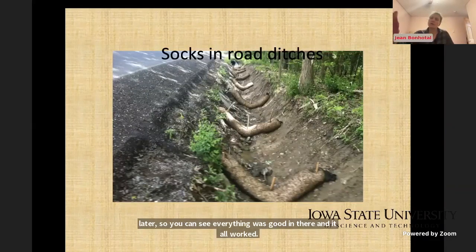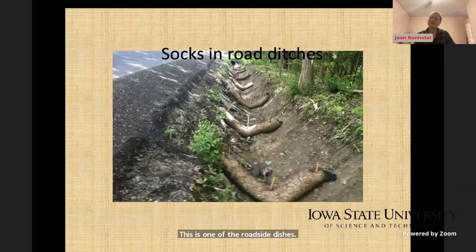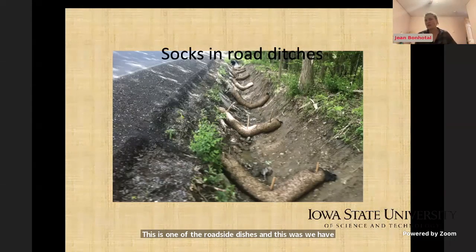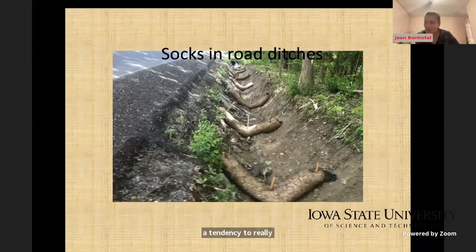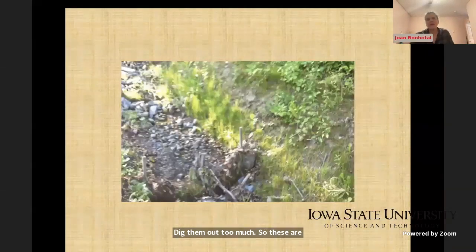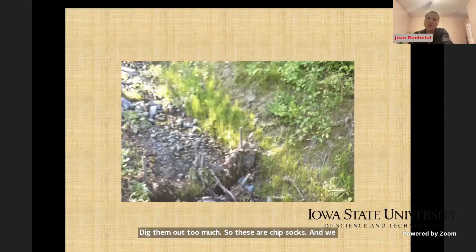This is one of the roadside ditches. And we have a tendency to really dig them out too much. So these are chip socks and we put those in, and I'll just show you, there's a sock right down on the bottom of that picture.